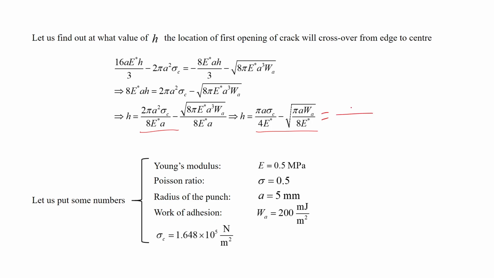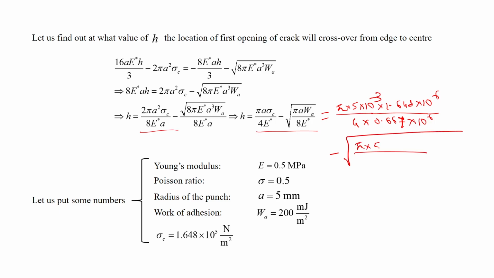So, here it will be equal to, this is pi and A is 0.5 millimeter. So, 5 into 10 to the power minus 3 into sigma C into 1.648 into 10 to the power 6 by 4 into 0.667 into 10 to the power 6, and then it is minus square root of, this is pi into 5 millimeter 10 to the power minus 3 into work of adhesion is 200 millijoule per meter square, 200 into 10 to the minus 3 divided by 8 into E star.